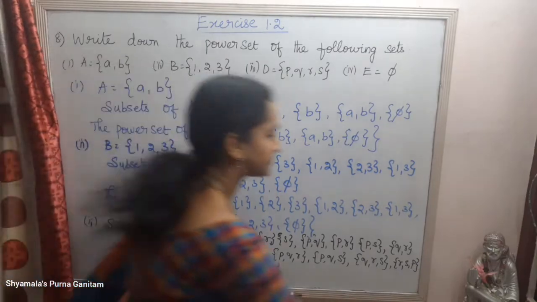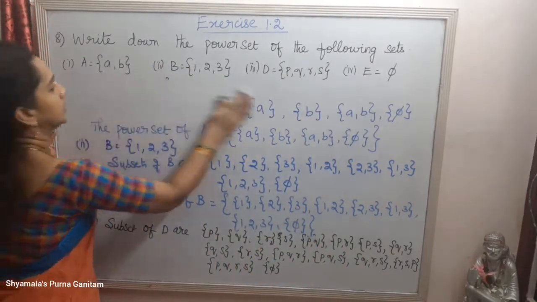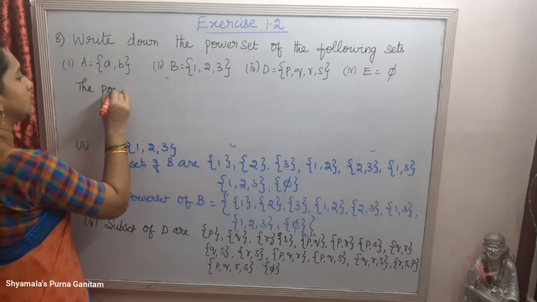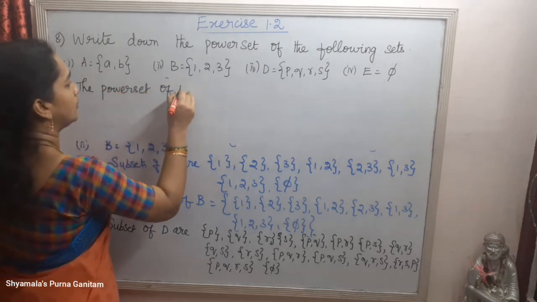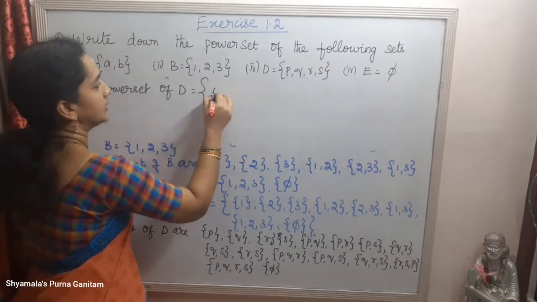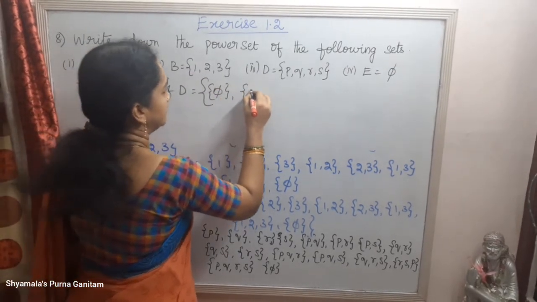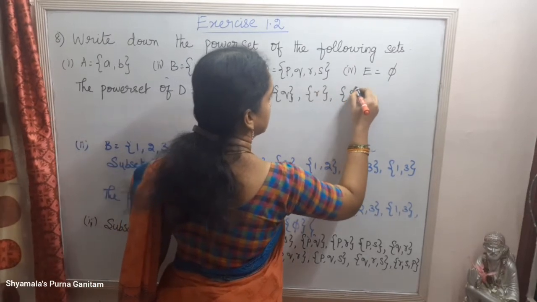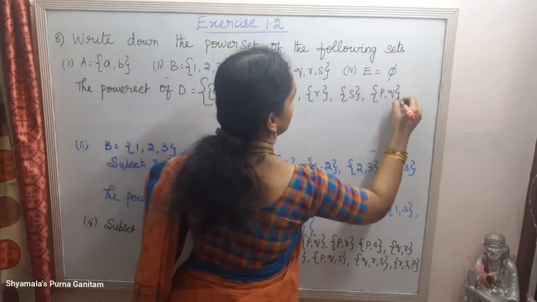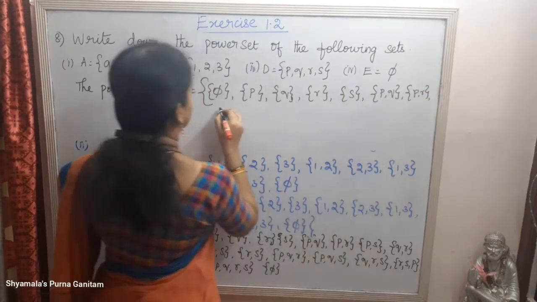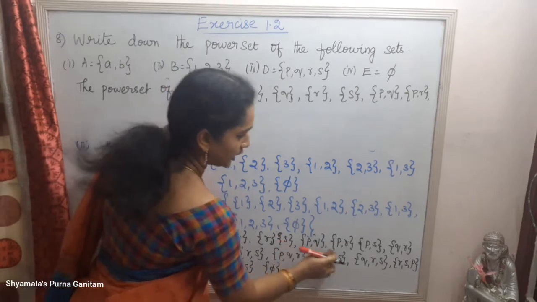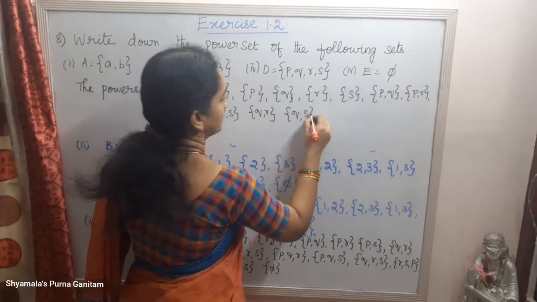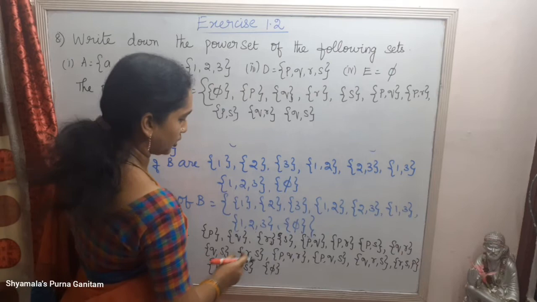The power set of D is equal to, within brackets I write: first one is the null set, then the same things, P, Q, R, S, then PQ, PR, PS, then QR, QS, then RS.